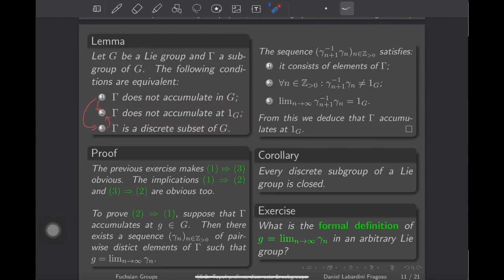But the problem is that this one may fail to be in gamma. Yeah, but otherwise it would work. Yes. And on the other hand, this sequence clearly consists of elements of gamma.